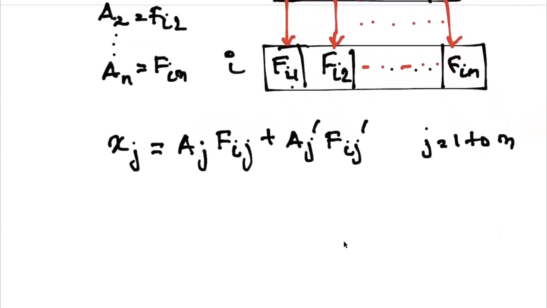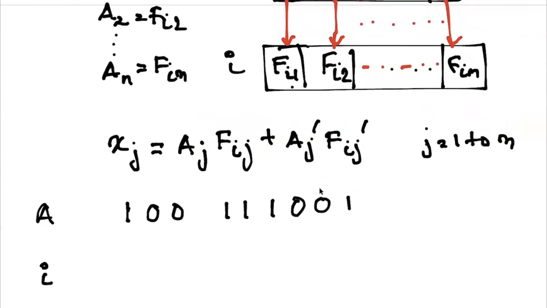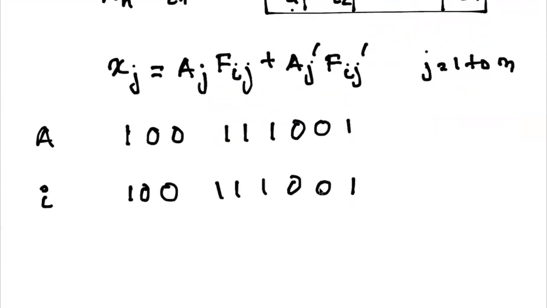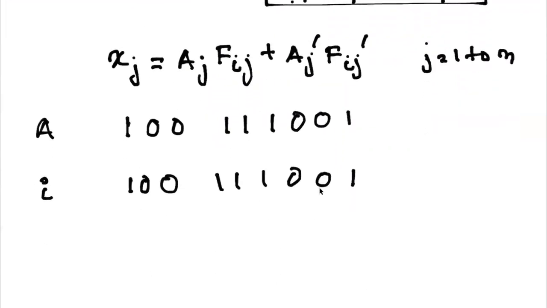I think it is better if I give an example here. Let's say the word I am searching for in my argument register is 100111001. And the ith word, some particular word, is 100111, same word. I want to see if this is a match. So for this, what is x? This is x1, this is x2, this is x3.